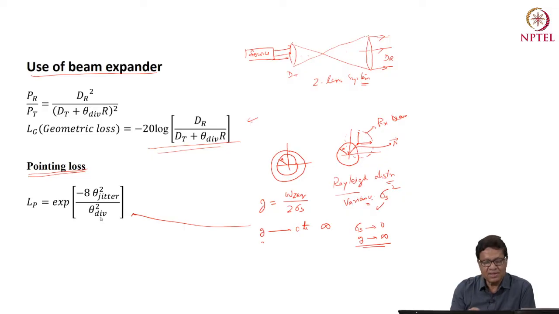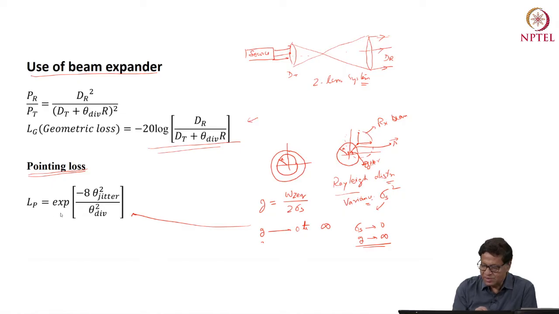This is the divergence angle at the transmitter, and this is the angle this R vector is making, and this angle is changing because, as I told you, it follows the Rayleigh distribution, and because of different conditions, this alignment is changing and this beam width is changing, and this vector R makes an angle theta which is changing, and I'm calling that angle theta jitter.